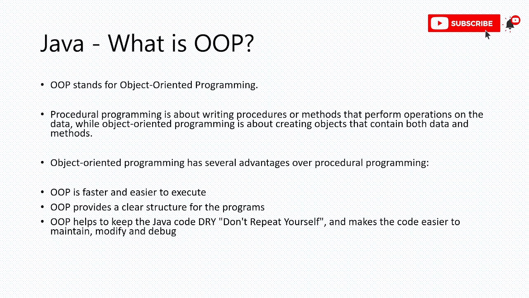OOP helps to keep the Java code DRY, or don't repeat yourself. If you already have the class of a certain object, then you can just use it many times. For example, in creating a building, you need to have a blueprint, right?